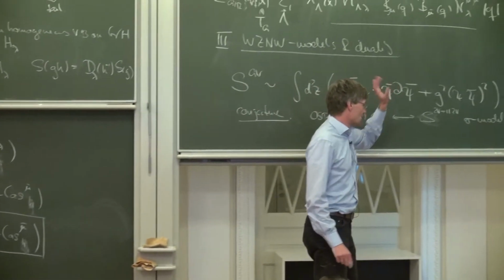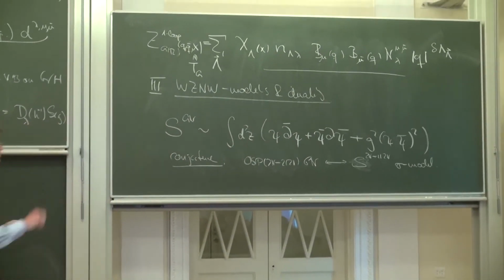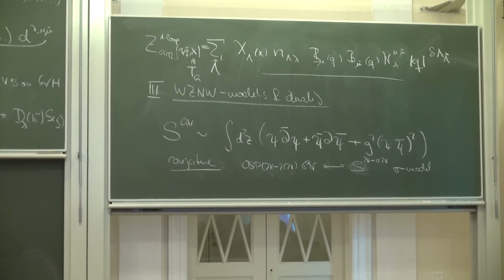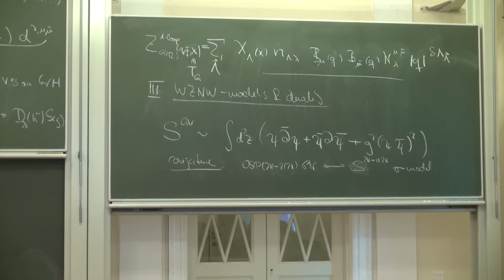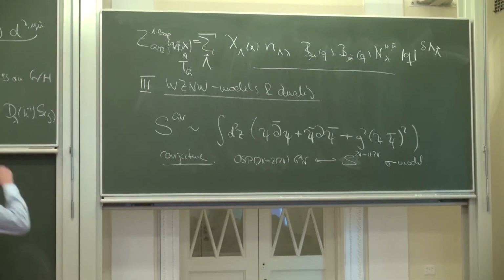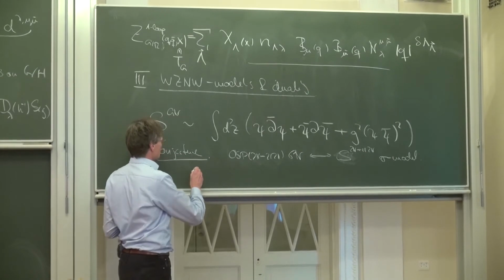Then later we also gave some analytical interpolation, but it was all difficult, mostly because it was restricted to the boundary. So now this can actually be thought of as a Wess-Zumino model.